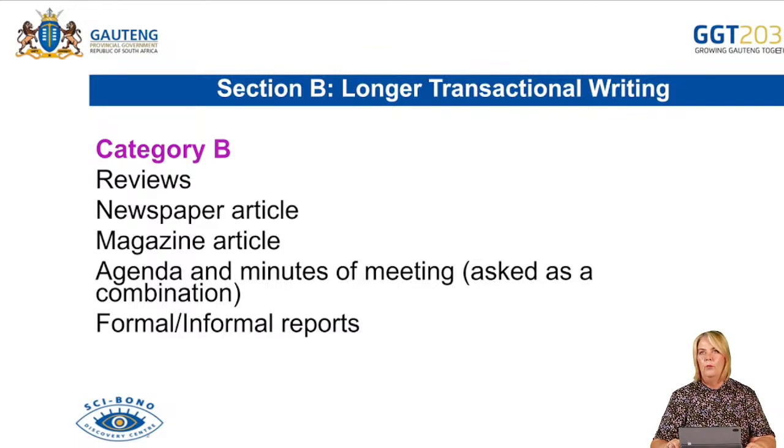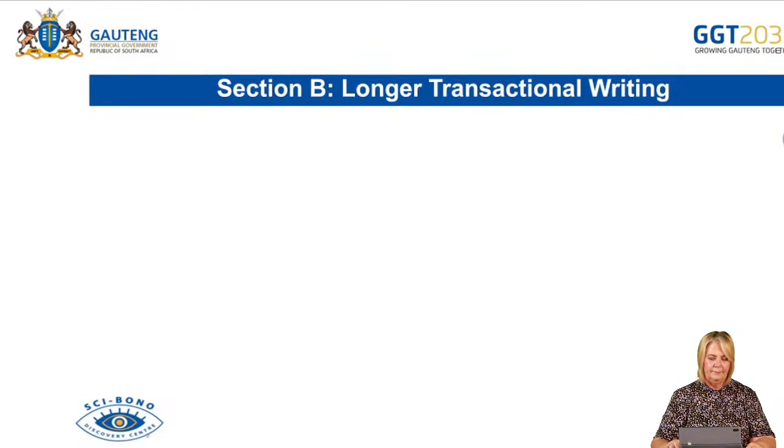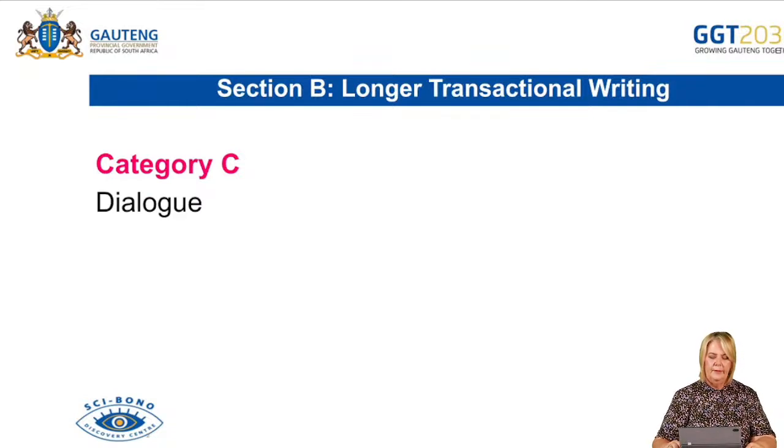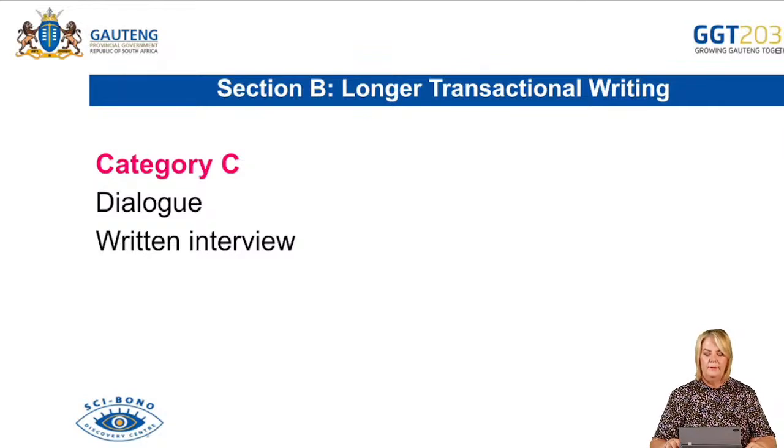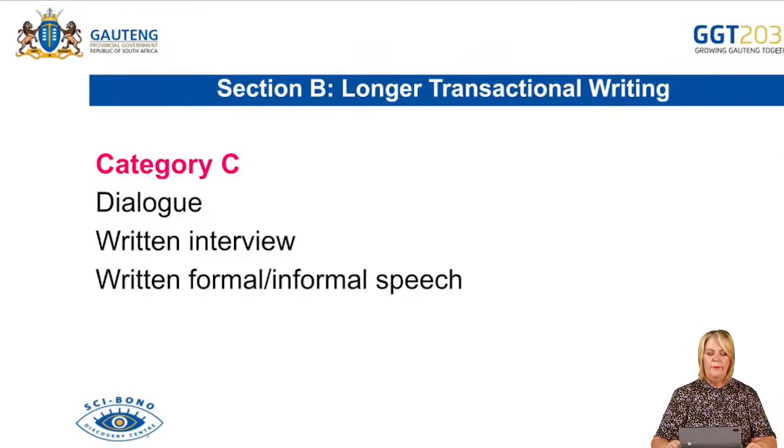Formal and informal reports, and an obituary. I wonder if anyone can detect a little spelling error. Category C, the dialogue, the written interview, the written formal or informal speech.